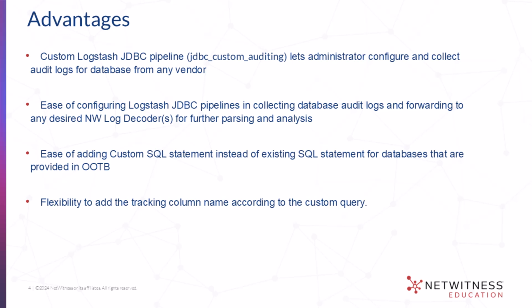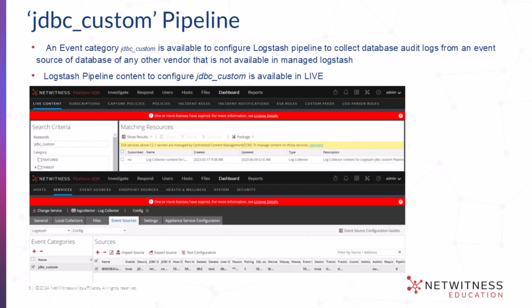Let's look into the configuration details. As mentioned, admin can deploy the content from the live services page. Then, under the collection category, they have to start the Logstash service. Under event sources, select Logstash from the dropdown and select JDBC_custom pipeline.